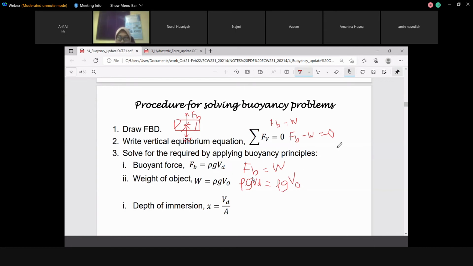Okay, so let's see an example. My example has a circle. The density of this circle object, made of metal, is 20,000 for example. And then the radius is 2.